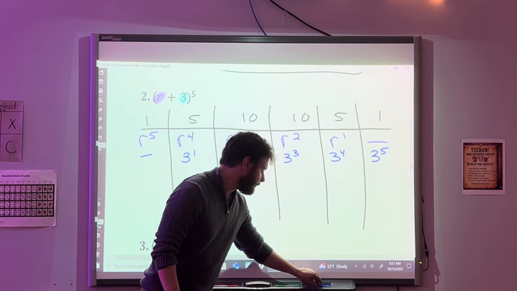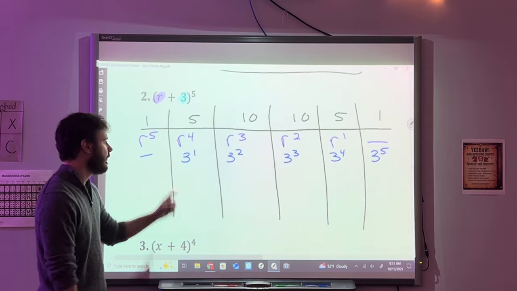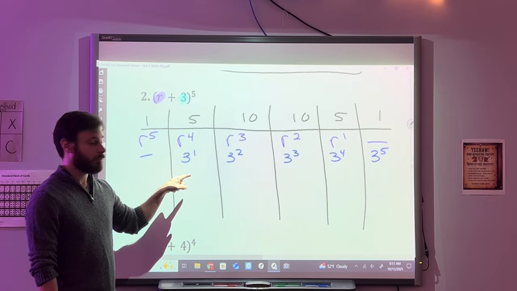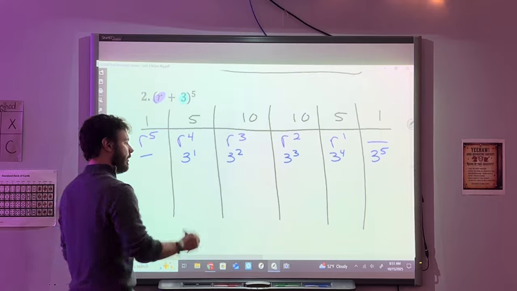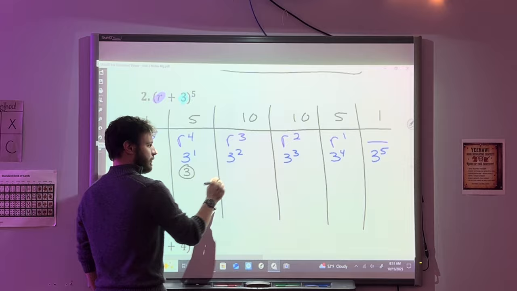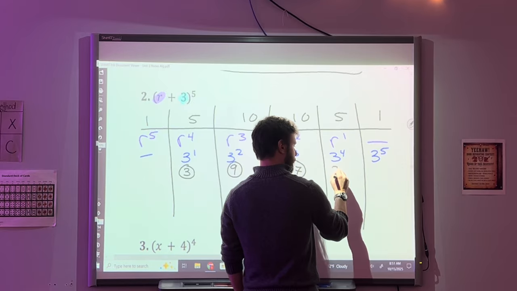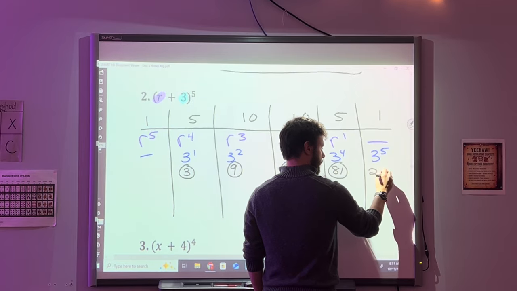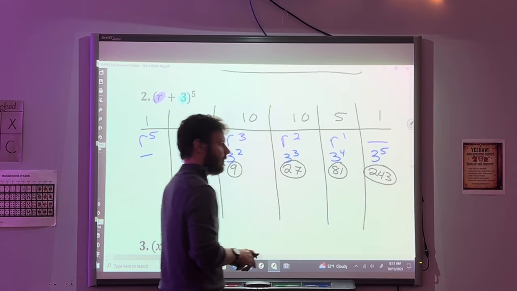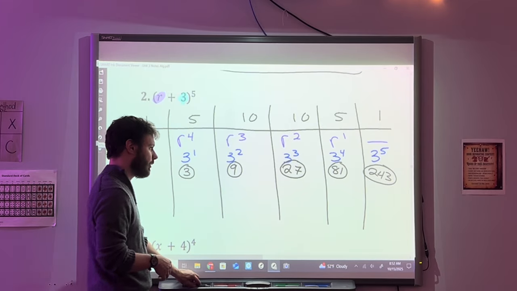All right. Now I need to figure out what the real numbers are. Okay, 3 to the 1st is a real number. It's 3. Okay, figure out what those real numbers are.